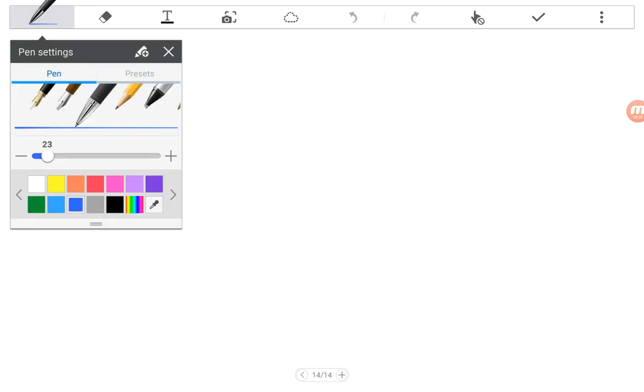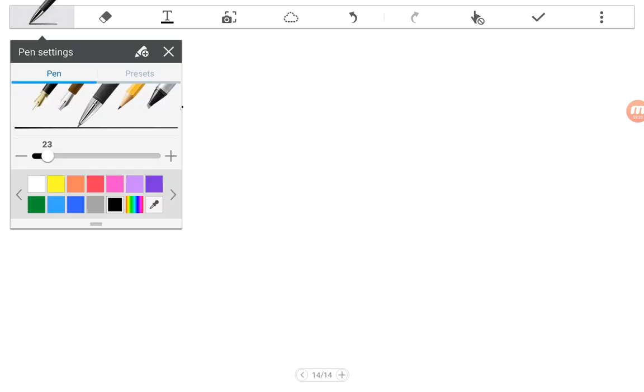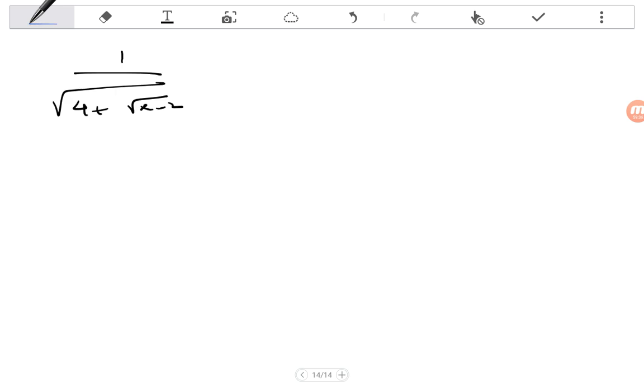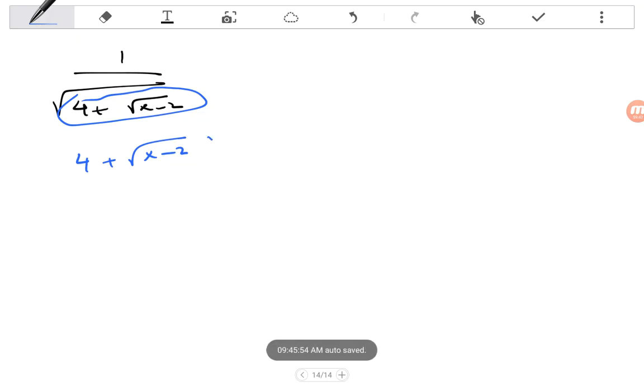Let's check that problem. 1 over root of 4 plus root x minus 2. We need to find the domain of this problem. Just take what is inside the root, 4 plus root x minus 2. We'll make it greater than or equal to 0, or just greater than 0? Just greater than 0.